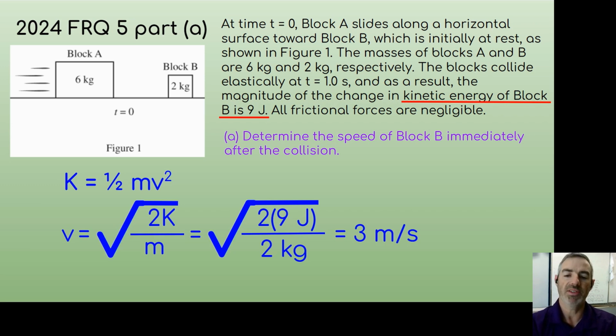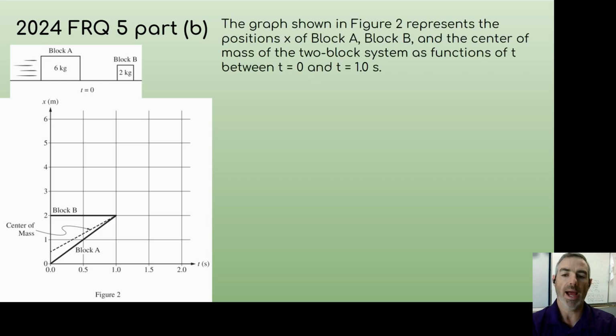Now for part B, it's asking us to draw a graph. It's showing us the blocks' positions as a function of time. Block A is starting at a position of 0 and moving for 1 second. It moves 2 meters in 1 second. So now we know that the velocity of block A before the collision is 2 meters per second. Block B is not moving, so it has a velocity of 0, and its position stays the same.